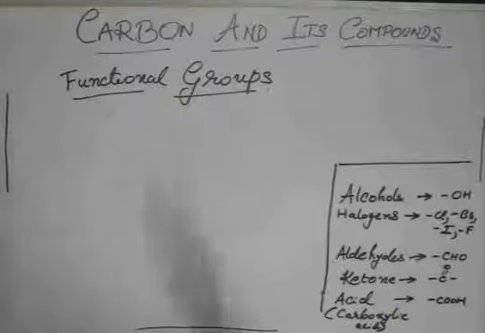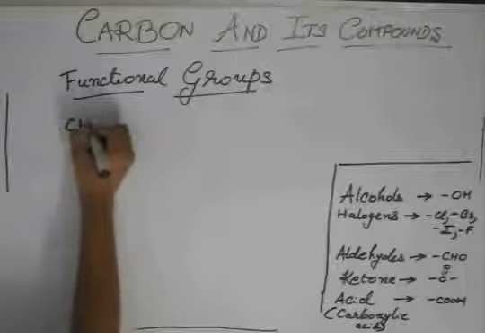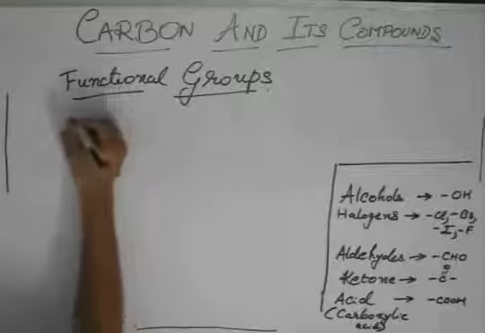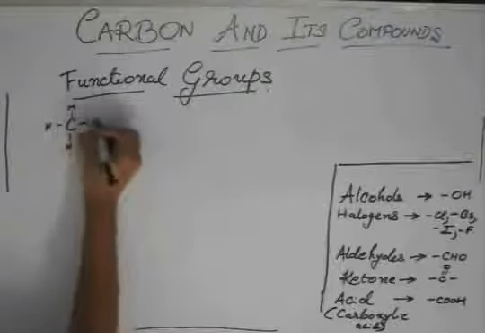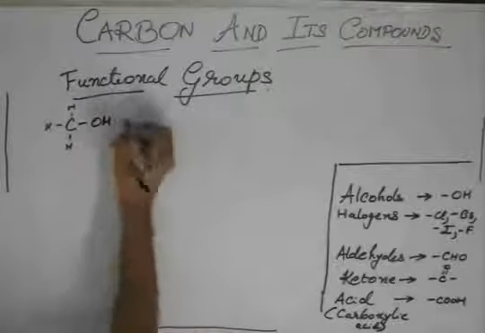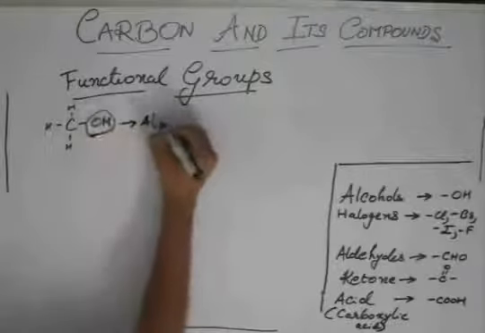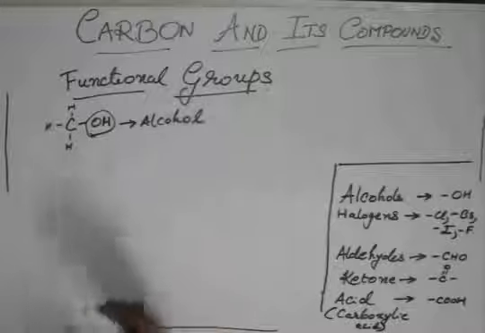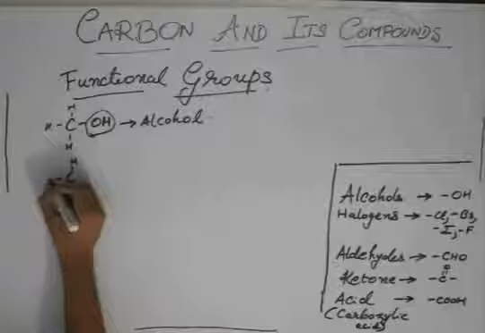So suppose we have CH3OH. This is an alcohol since it contains this OH group. Now we can also have this alcohol.